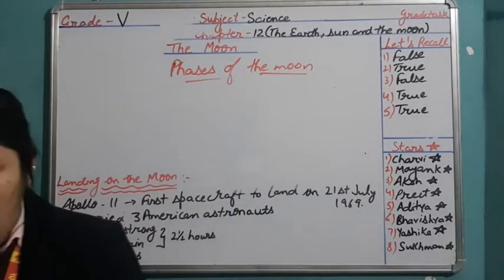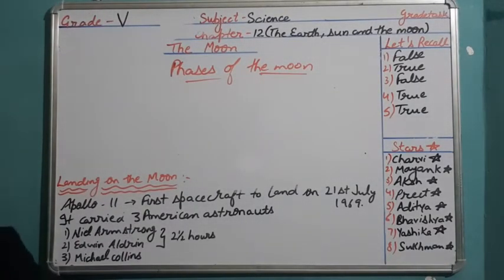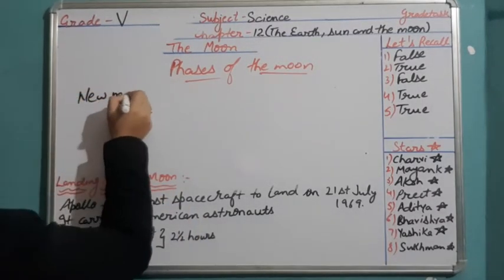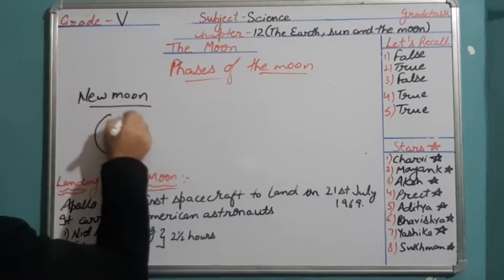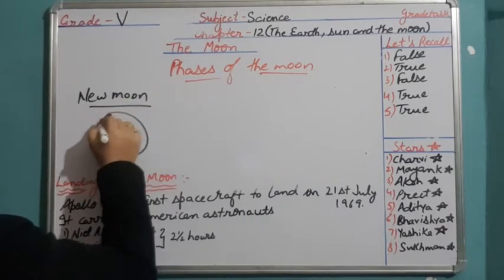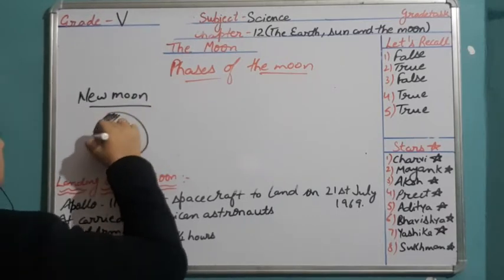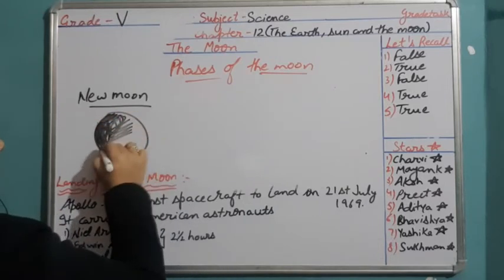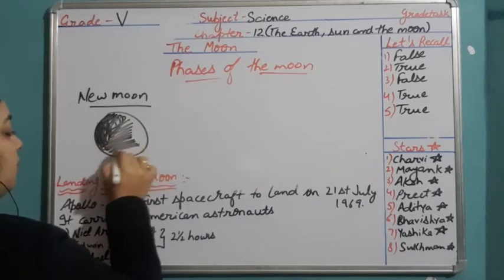So first of all, sometimes we see a new moon. Now what is this new moon? New moon is when the whole part is shaded, we don't see anything, right? So that is the new moon.